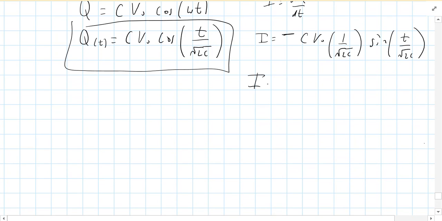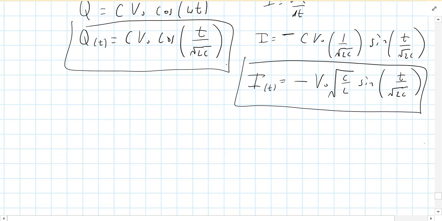I've got a C up here and a root C down there, so that becomes a root C in the numerator. So you would have negative V naught root C over L, sine of t over root LC. That is my current as a function of time, which also leads us to I max. I max is the coefficient there, which is V naught root C over L. So that's our I max.